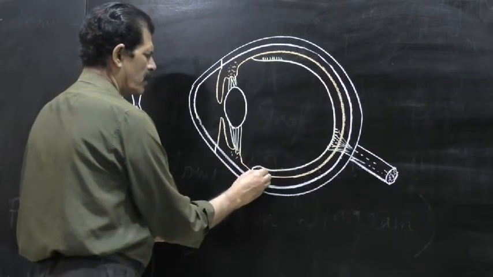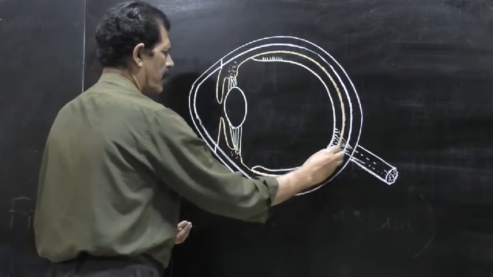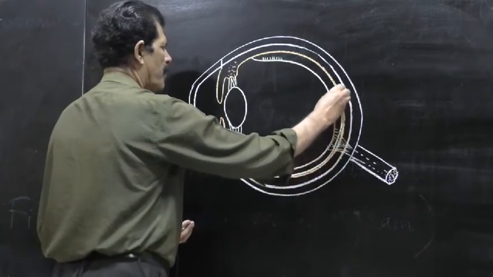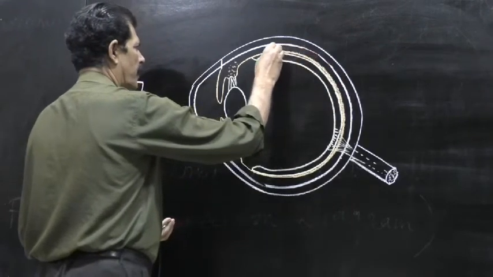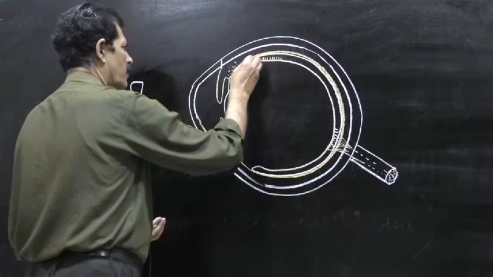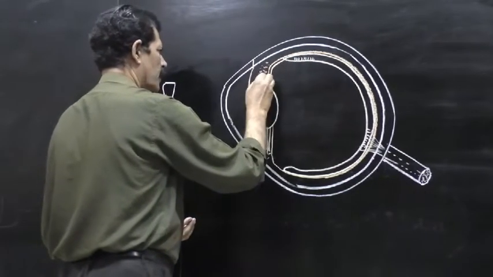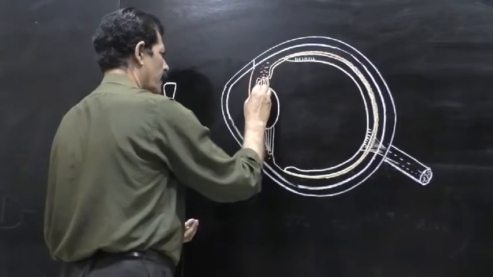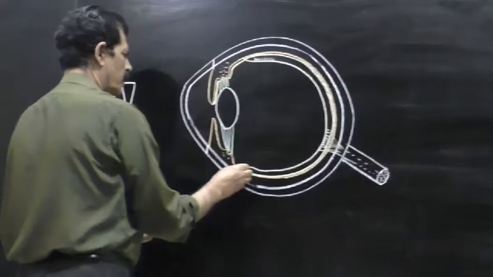And the lowermost layer of the retina, which is touching the choroid, is the pigmented layer. And this pigmented layer also continues on the inner side of the choroid and inner side of the iris also. So this is the pigmented layer.